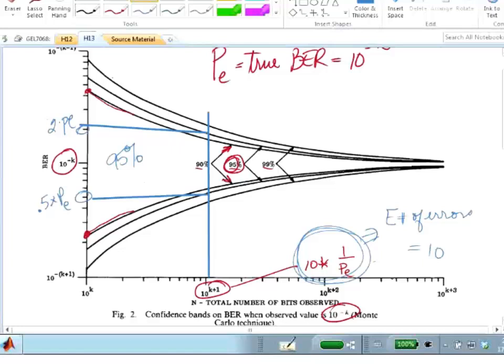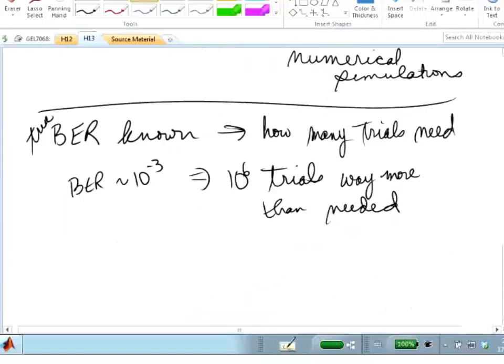Say that there's more error involved in this prediction, which is based on when you know what the true bit error rate is. So it's not as good as 95%, but it gives you still at least some quantitative feel for how much better you're doing when you're using this number. So this is where you get this rule of thumb.